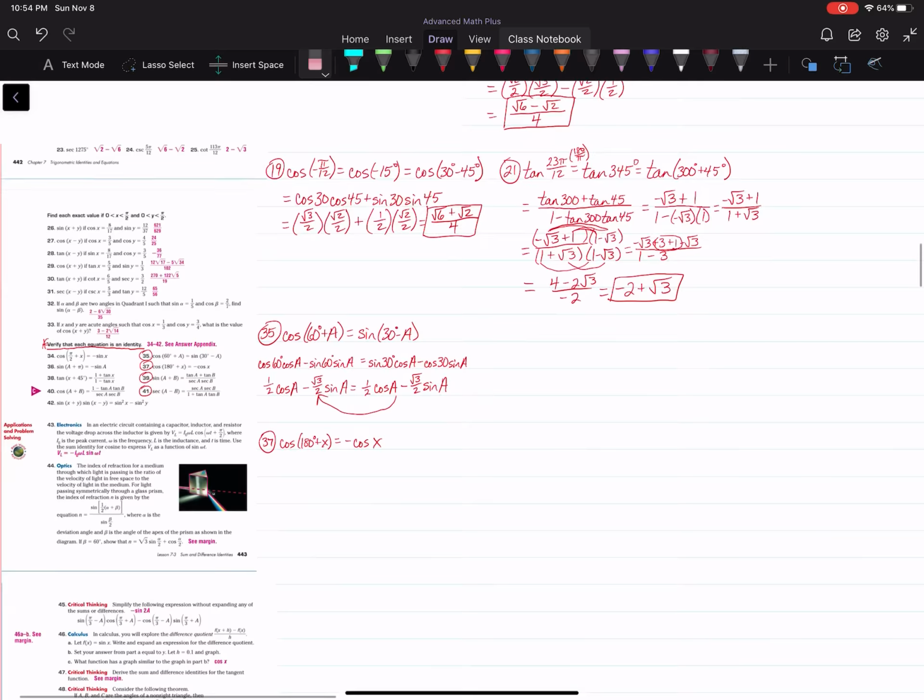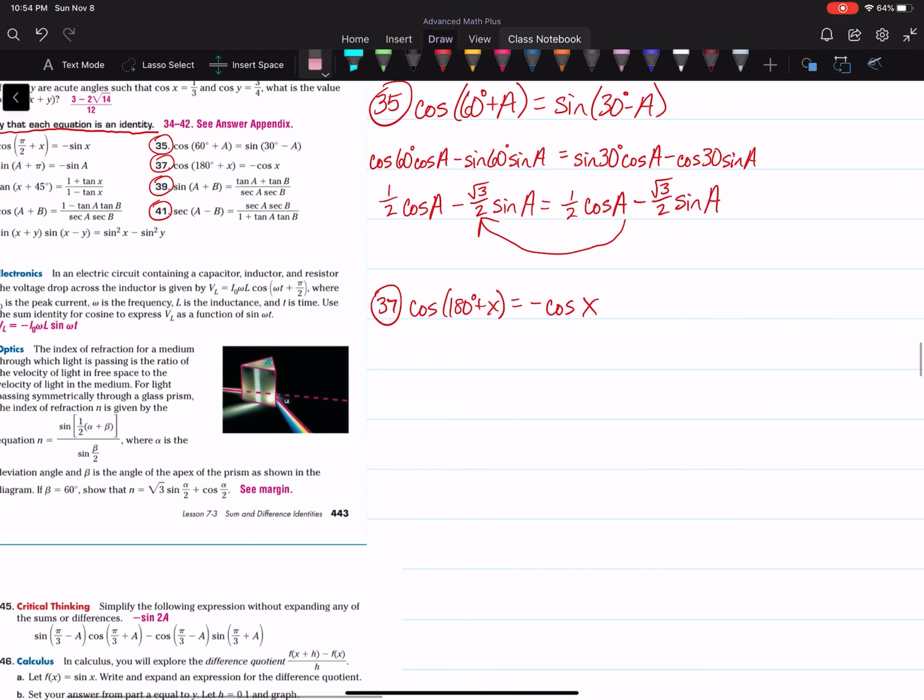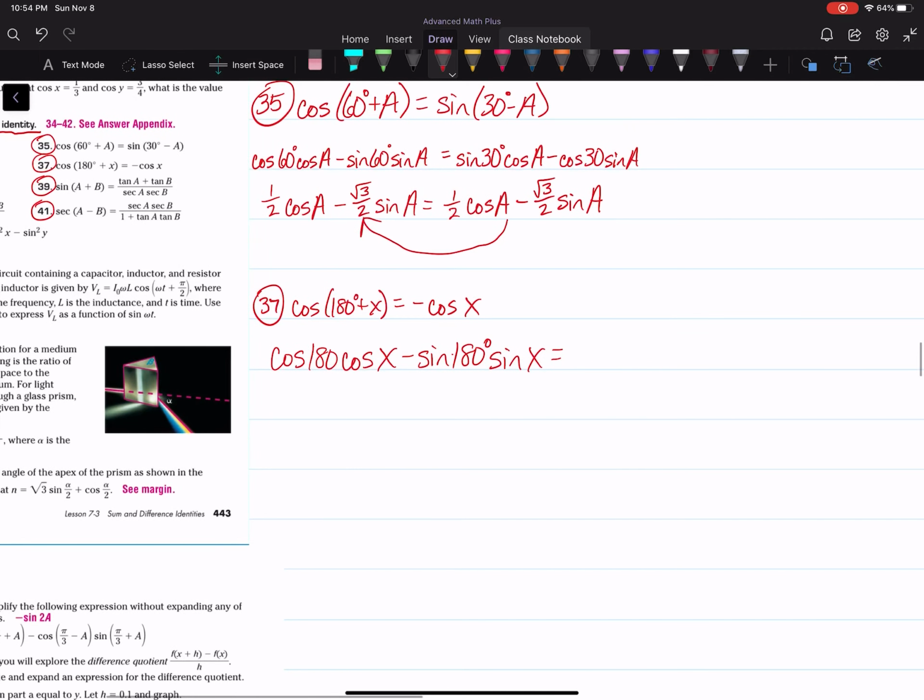So, cosine over here, we'll have cosine of 180 cosine of x minus the sine of 180 times the sine of x. And the cosine of 180, if I'm not mistaken, is 0.